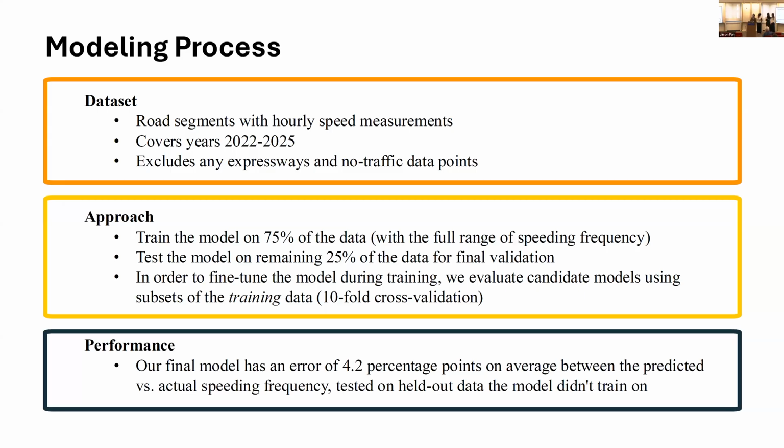And we use cross-validation procedures to get a sense of how different specifications of the model might impact accuracy. And when all is said and done, our model is fairly accurate. Our final model has about a 4 percentage point average error between the observed speeding frequency and the predicted speeding frequency. And that's based on the held-out data that we did not train on.